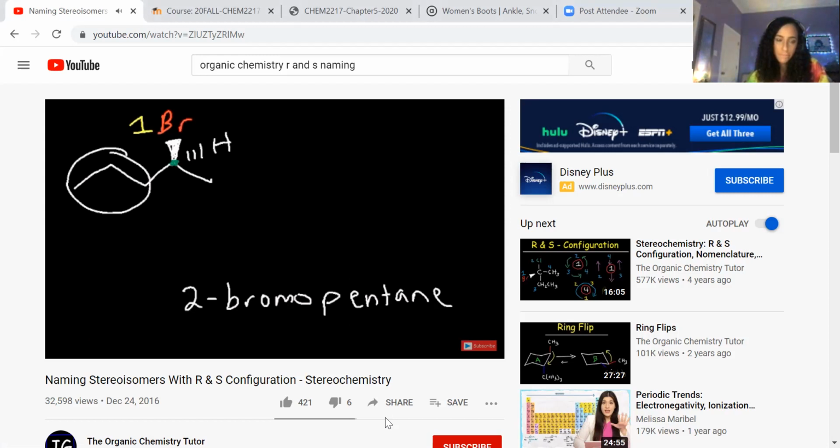Now comparing the propyl group to the methyl group, the propyl group has more carbons, so that's going to be group number 2. Number 3 is the methyl group, and hydrogen, which has the lowest atomic number, will be group number 4. So counting from 1, 2 to 3, notice that the rotation is counterclockwise, which means that we have the S isomer when H is in the back.